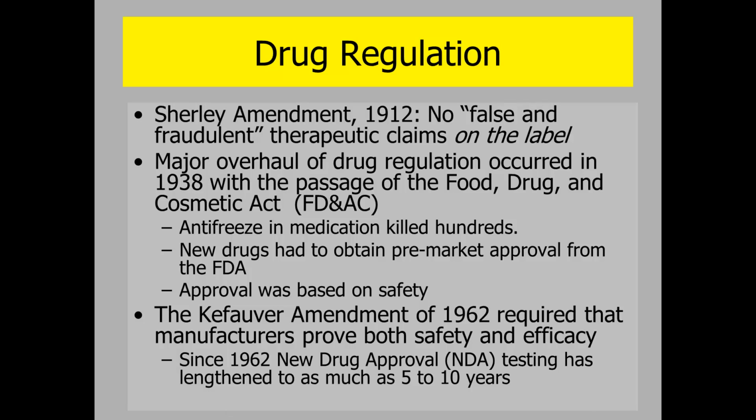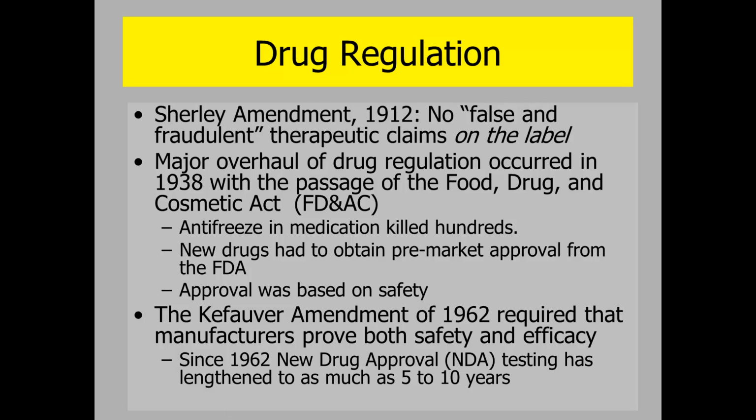So other drug regulations came out over time. The Shirley Amendment in 1912 said you couldn't make false or fraudulent therapeutic claims on the label. And then in 1938 there was a major overhaul of drug regulation with the passage of the Food, Drug, and Cosmetic Act, which is referred to as the FD&C Act.